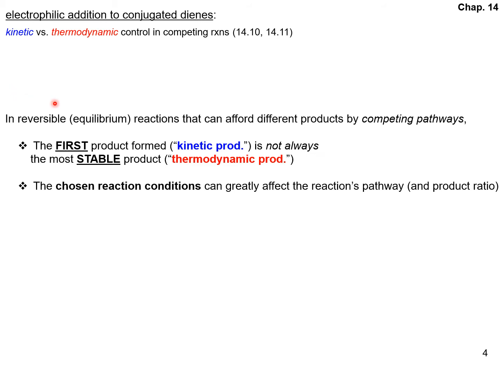In reversible, that is equilibrium, reactions that can lead to different products by competing pathways, the product that's formed the fastest, also referred to as the kinetic product, is not always the most stable product, sometimes referred to as the thermodynamic product. In some cases, it's possible to choose reaction conditions that lead to the kinetic product or the thermodynamic product being the major product.